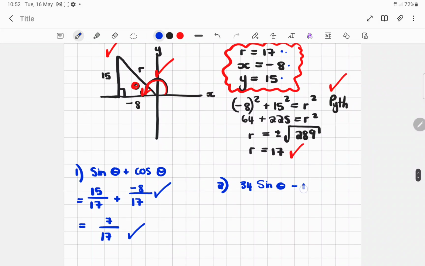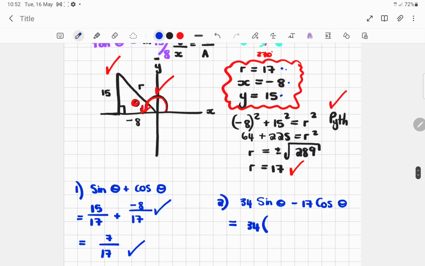34 sine theta minus 17 cos theta. So 34 times the sine theta, y over r, which is 15 over 17, minus 17 times cos theta, x over r, which is negative 8 over 17. And this will give you 30.